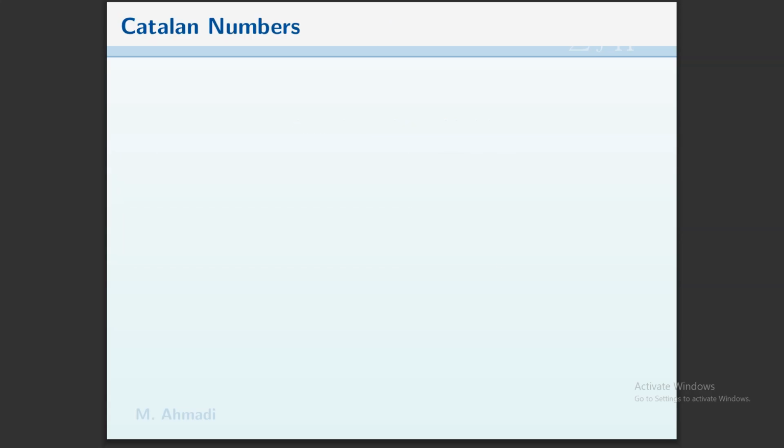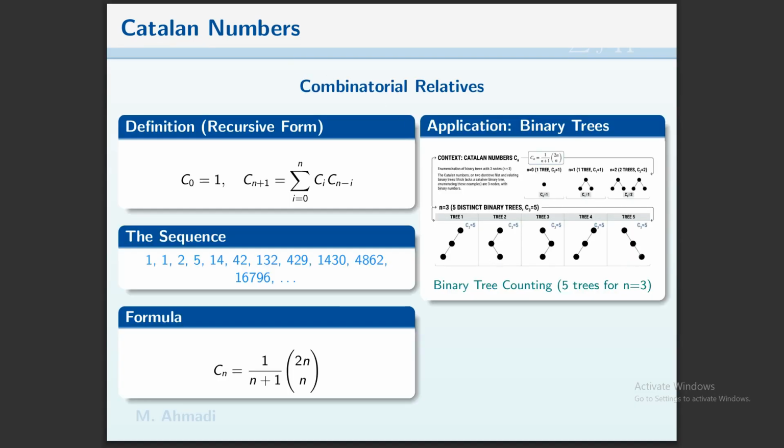And another one under sequence is Catalan numbers. The definition is in this form: C0 equals 1 and Cn plus 1 equals the sum of Ci multiplied by Cn minus i, from i equals 0 to n. This is different from the other sequences.